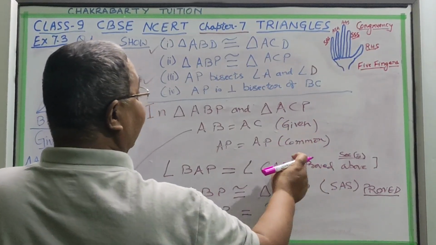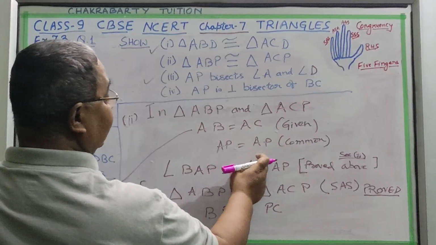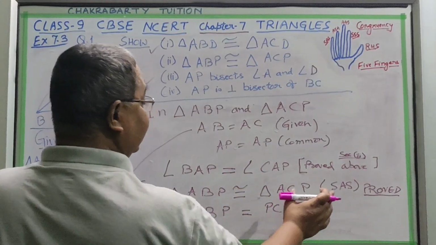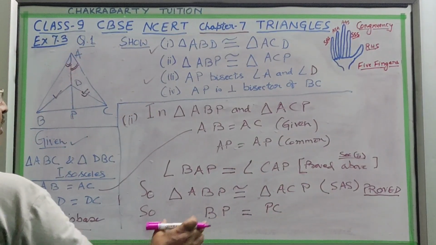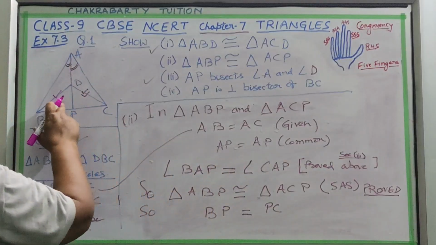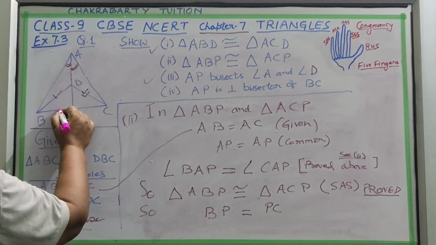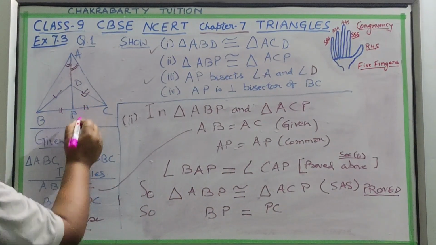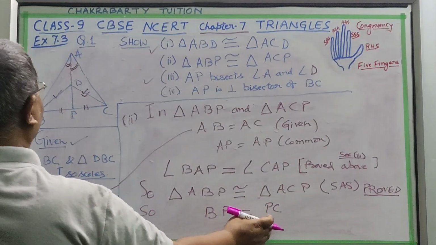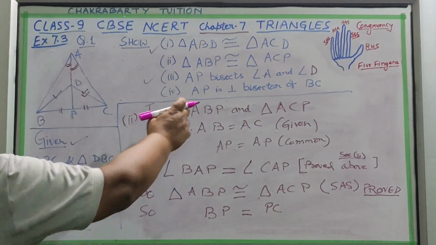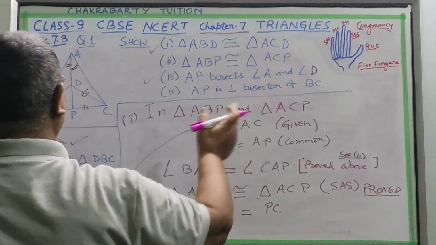Two sides are equal, one angle is equal. So it is proved. If these two triangles are congruent, it means this line will be equal to this line. BP will be equal to PC. So AP is the bisector of BC.